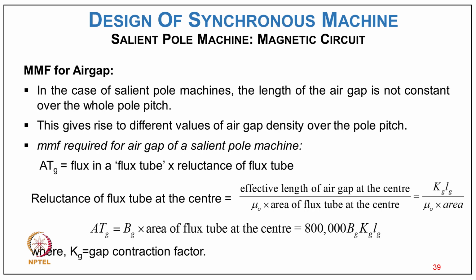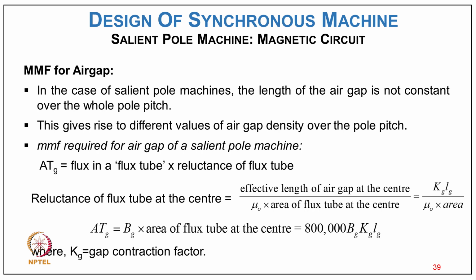For the calculation of the magnetic circuit, because the maximum MMF is required for the air gap, first we will consider the air gap for MMF calculation. In case of a salient pole machine, the length of the air gap is not constant over the whole pole pitch. So this gives rise to different values of air gap flux density over the pole pitch. And the MMF required for the air gap of a salient pole machine, which we denote by ATg, is for a flux tube; the reluctance of the flux tube at the center is equal to effective length of air gap at the center, kg Lg, upon mu0 into area of the flux tube at the center.